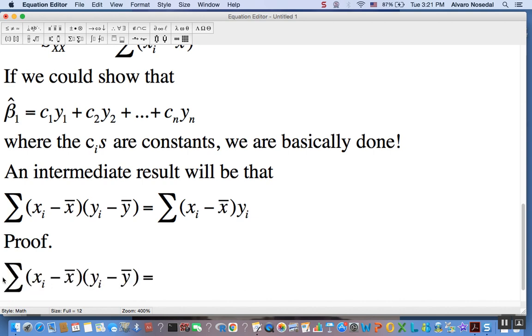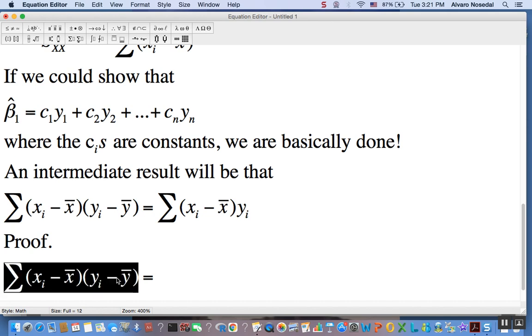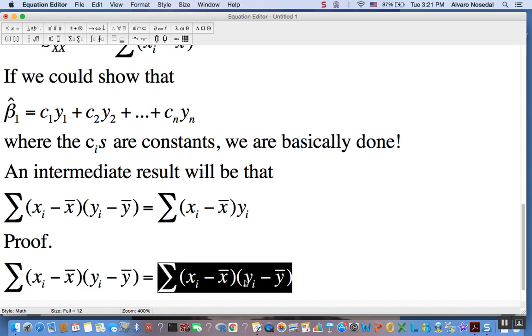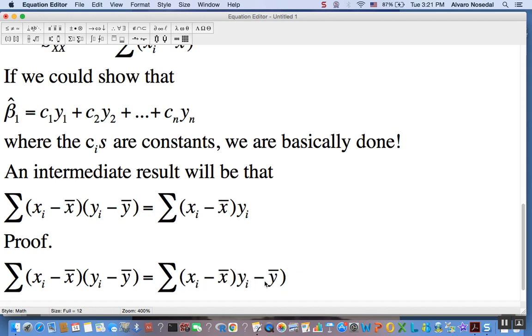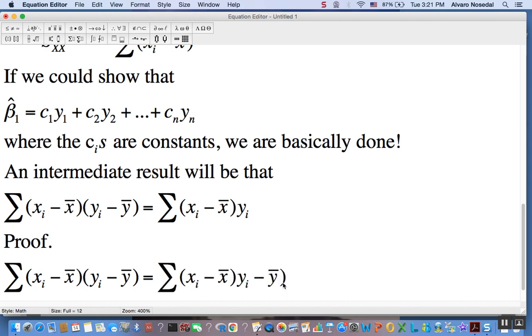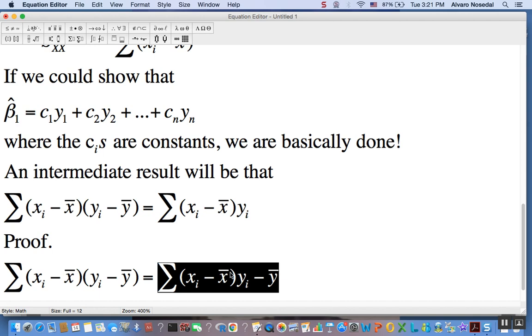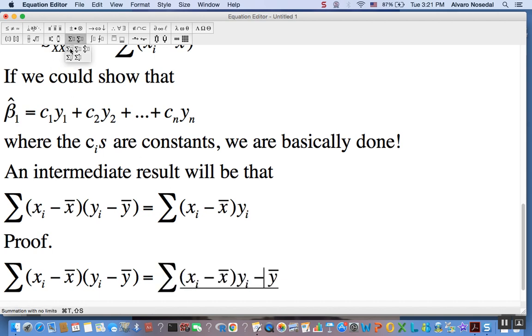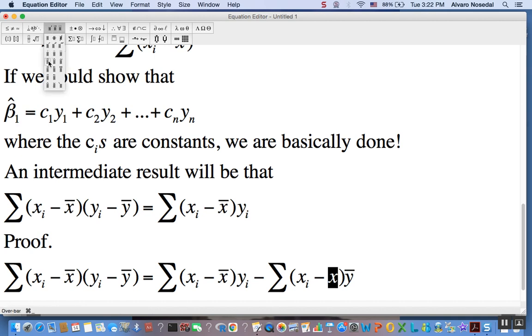We're going to expand what we have here. The sum of xi minus x bar times yi minus y bar happens to be the same as this. Just expanding.